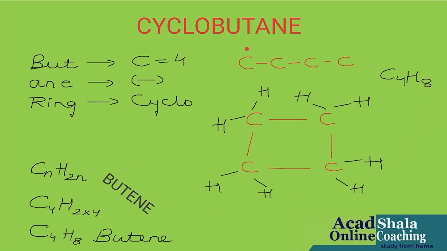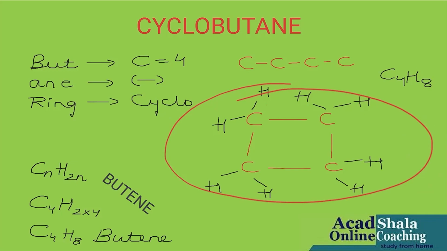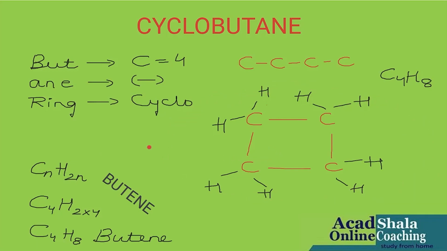If it is asked cyclobutane, the molecular formula remains the same, children, but you will make the structure in the form of a cycle, that is a cyclic hydrocarbon. So always remember, children, that they share the same general formula CnH2n. So cyclic hydrocarbons share the same general formula as alkenes.